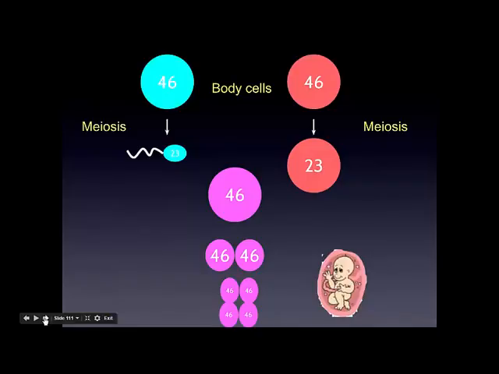And meiosis is the cell division that produces those gametes. Meiosis cuts the number of chromosomes in half. So we call these gametes. This would be an egg cell, this would be a sperm cell. And they have 23 chromosomes in them.